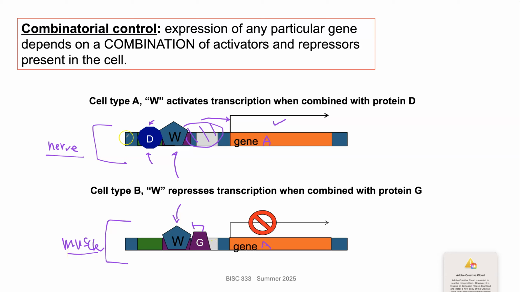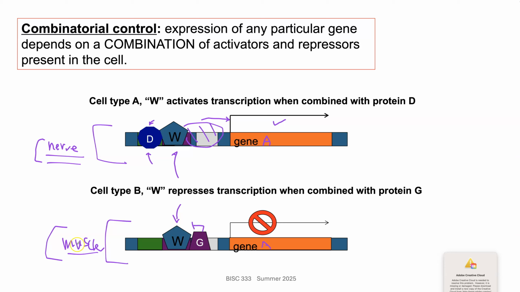And combinatorial control is, if you look at the nerve cells, there's a certain bunch of transcriptional activators and repressors that are present, and they are responsible for the expression of all the genes that are needed for nerve cell function, but no expression of the genes that are needed for other cell types. And then the opposite is true for the muscles.